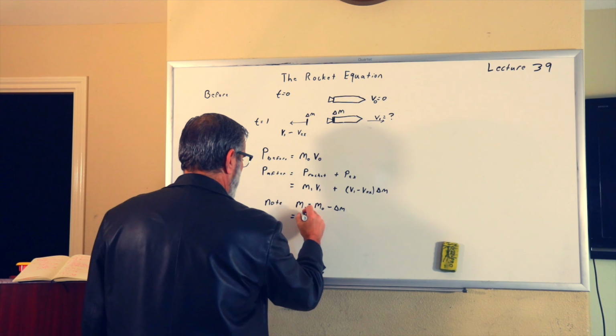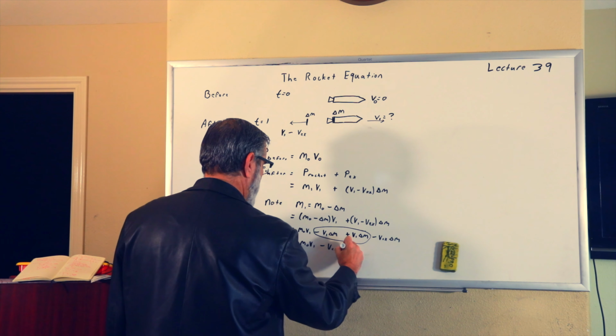So we'll get M naught V1 minus V1 delta M plus V1 delta M minus V exhaust delta M. Now notice that these two terms here are the same, and they cancel. And so all I'm left with in P after is M naught V1 minus V exhaust delta M.